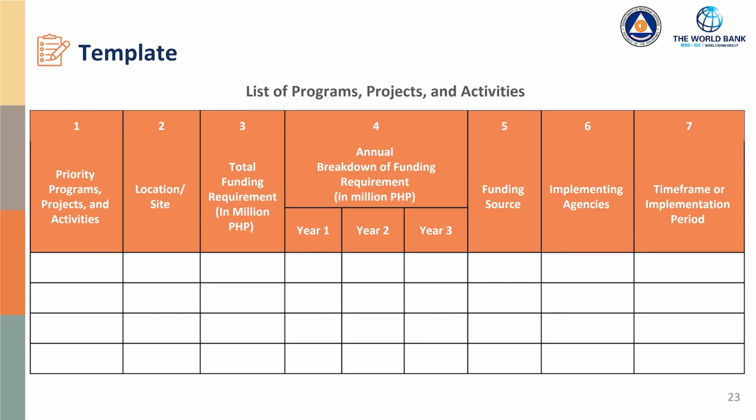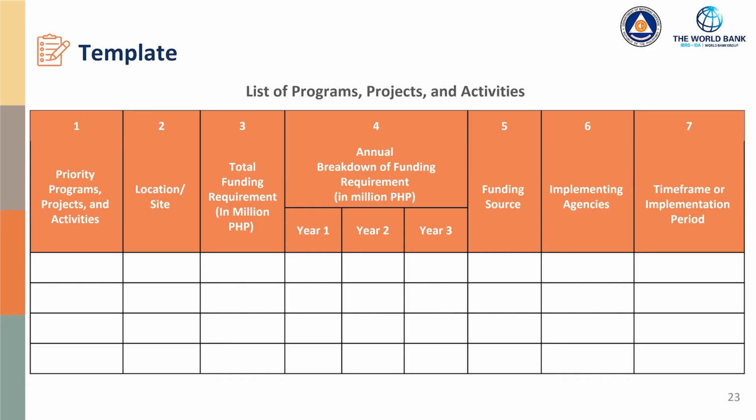And then you have the funding source that was discussed earlier. We mentioned government-owned or controlled corporations, local government units, development partners, national government agencies, NDRRM fund, or even the private sector. A new information that will be contained in this table will be the implementing agencies.